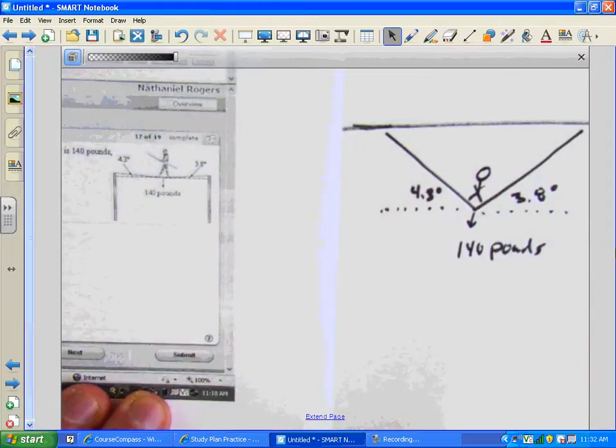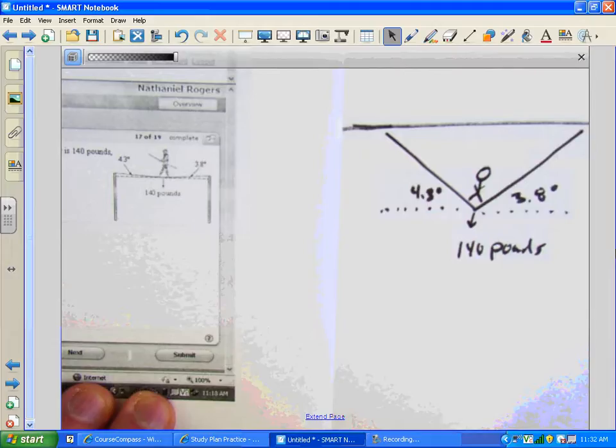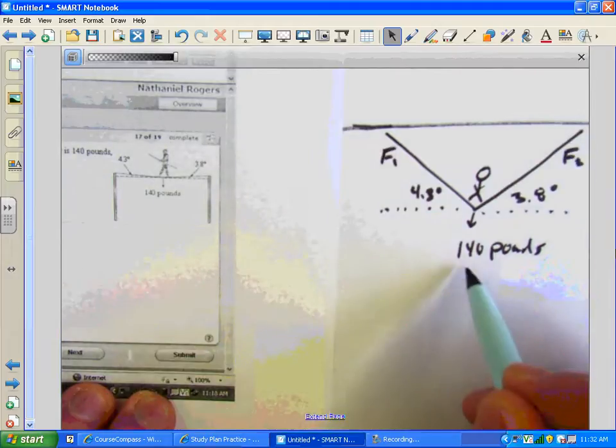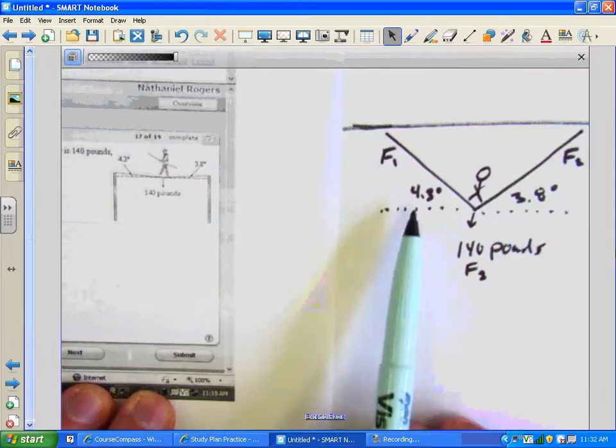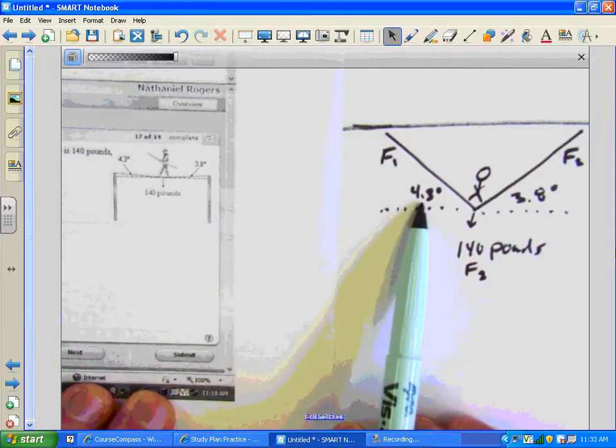Yeah, okay. Now the thing is though, we would call this one what? Force 1, force 2, and then force 3. All right, but the angle for force 1 is not going to be this 4.3 degrees. You remember the angles that we use for these force vectors are the angles that are formed with a positive x-axis. Remember that?